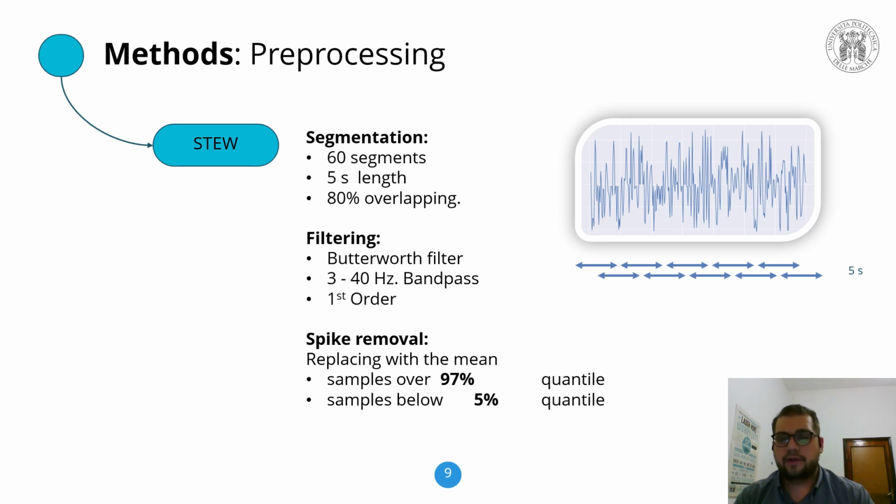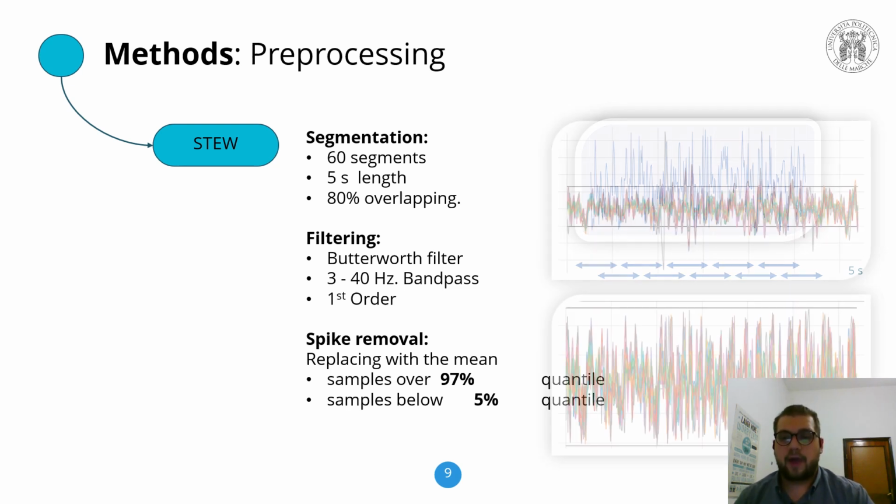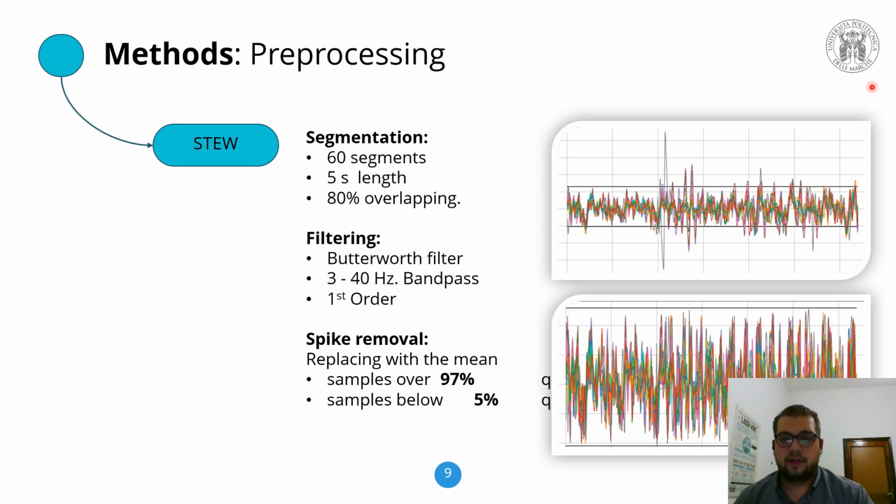After that, we used a first-order Butterworth bandpass filter from 3 to 40 Hz. Next, we removed the spikes by replacing the values above the 97% quantile and below the 5% quantile with the mean value of the signal.